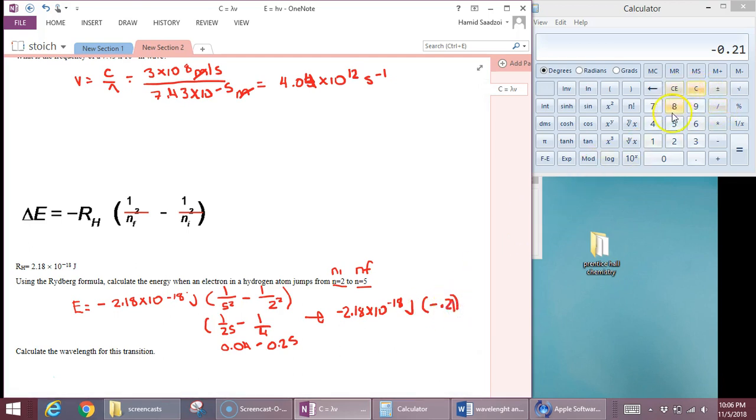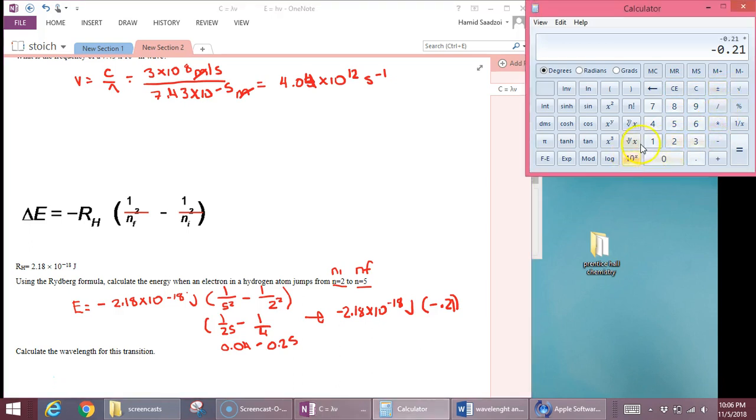So come back to our calculator, multiply that times the constant, which is 2.18, exponent, which is here, negative 18. And let's go back to exponential.